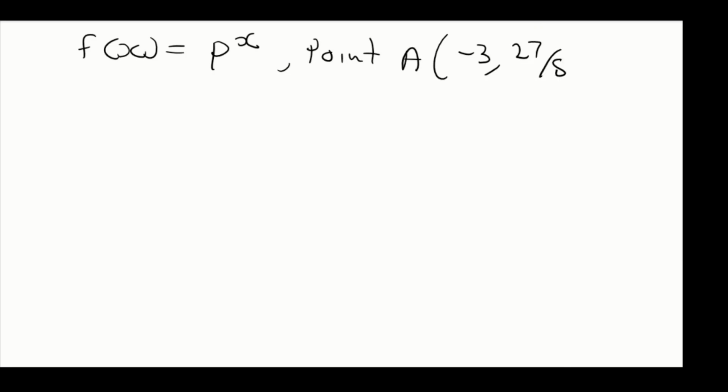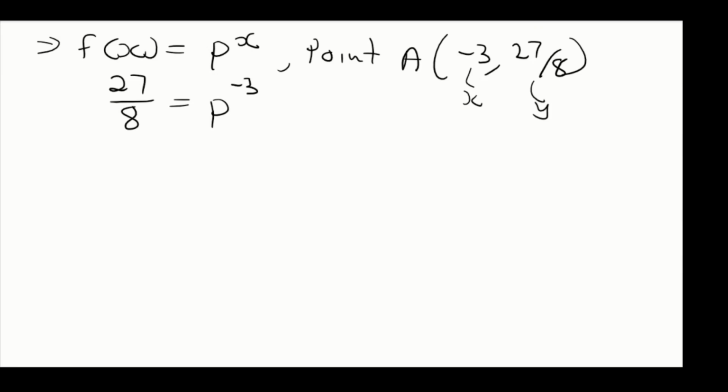So remember that we're given f of x equals p to the power of x, and to find the value of p, you must use the point A, which is (-3; 27/8). So we're going to substitute, knowing very well that this is the x value and this is the y value, into this equation here. So where there's f of x, we put 27/8 equals p to the power of -3.